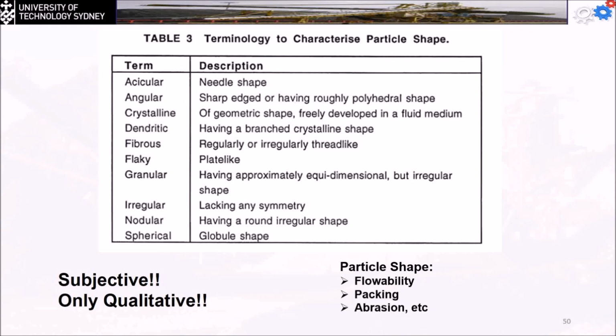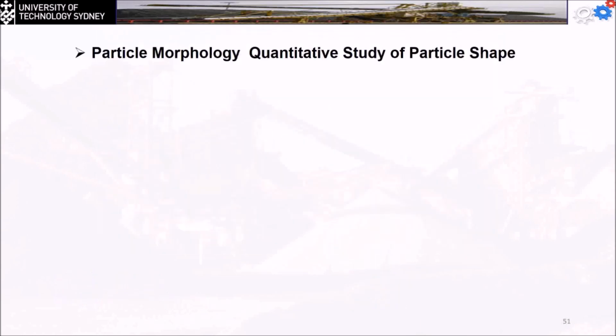The particle morphology, quantitative study of the particle shape. For the sphericity, the epsilon is equal to the dsv divided by the dv. We talked about these diameters before here. The different diameters we can have.